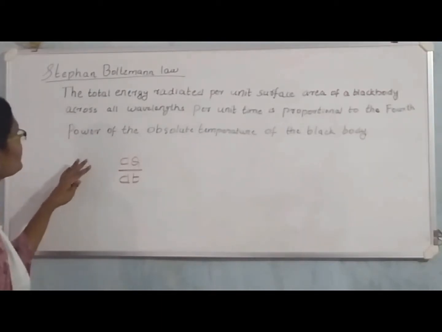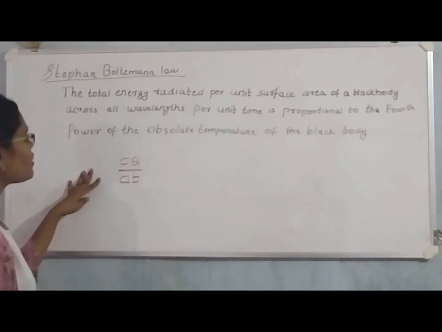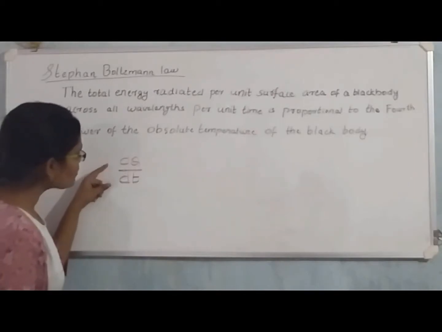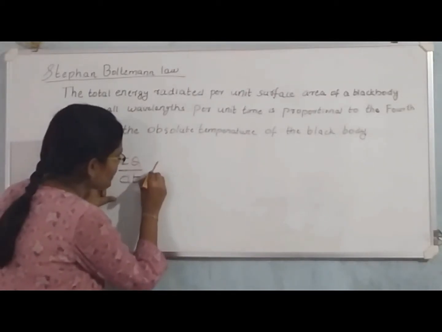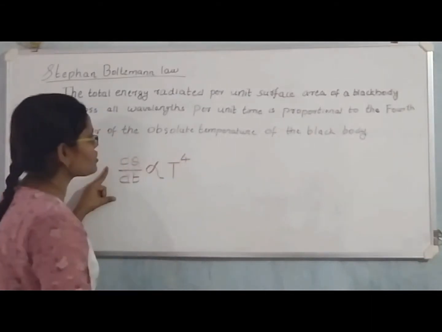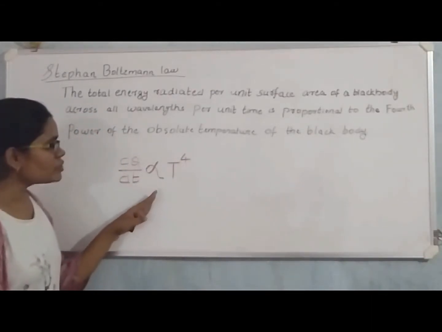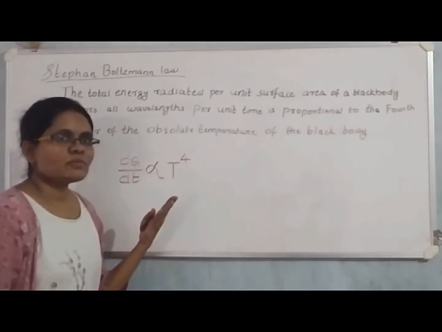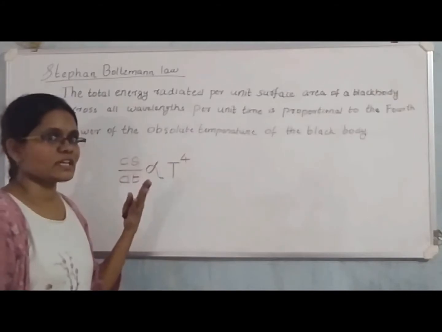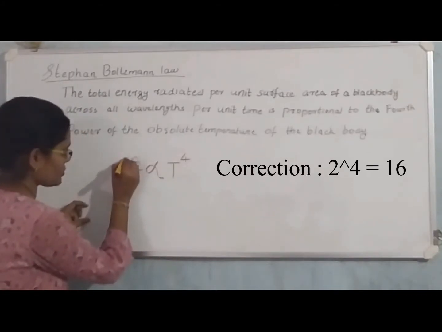In his experimental observations, he found that this rate of emission is directly proportional to the fourth power of the absolute temperature of the black body. That means if you raise the temperature by 2 times, the rate of emission will increase by 2 power 4 times, that is 16 times.